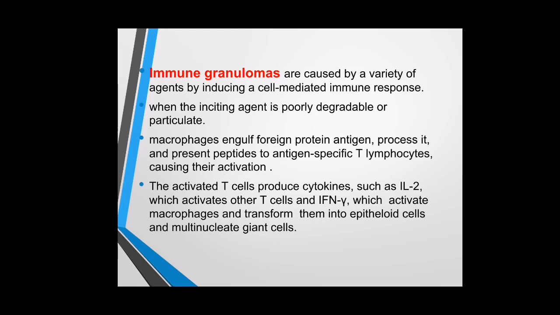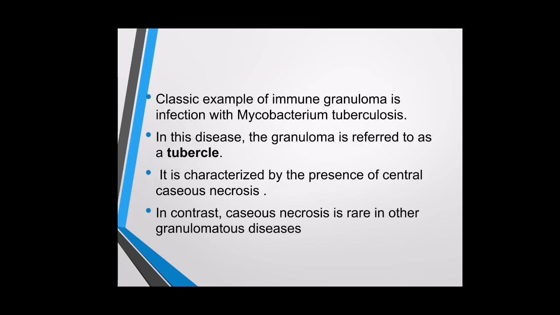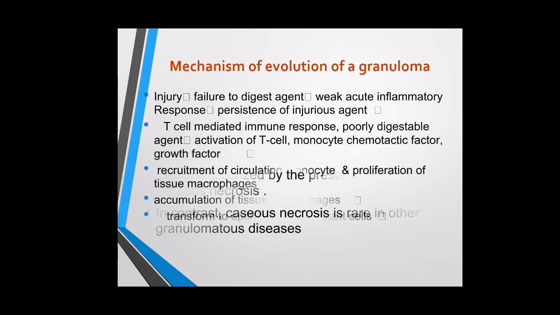Macrophages engulf foreign protein antigen, process it and present peptides to antigen-specific T lymphocytes, causing their activation. The classic example of immune granuloma is infection by Mycobacterium tuberculosis. In this disease, the granuloma is referred to as a tubercle. It is characterized by the presence of central caseous necrosis. Please remember, granuloma in tuberculosis is characterized by central caseous necrosis. In contrast, caseous necrosis is rare in other granulomatous diseases.